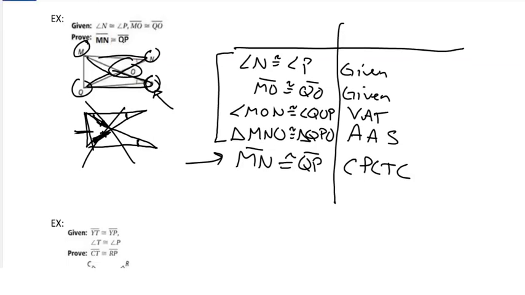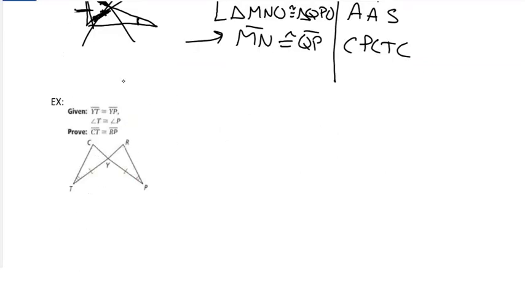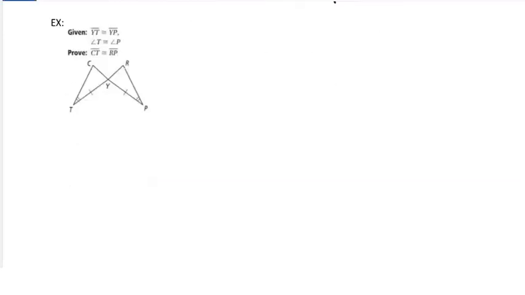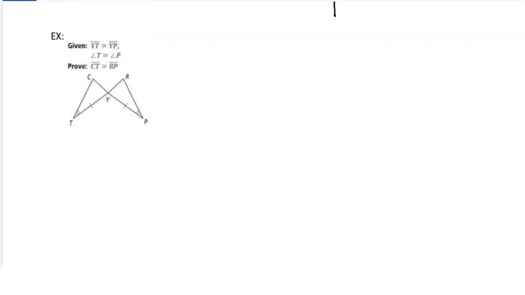Okay, let's look at this last set of triangles here. Actually, let me see what the real last problem is. Let's go ahead and do this one. This one is obviously prove the two triangles are congruent, and you have the vertical angles theorem, so you have ASA and then CPCTC.